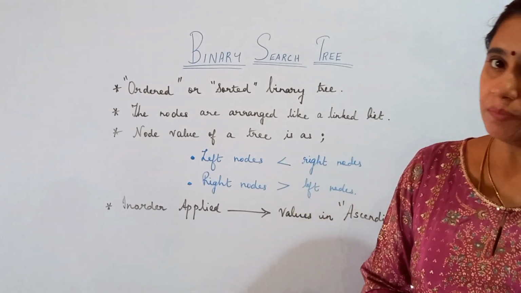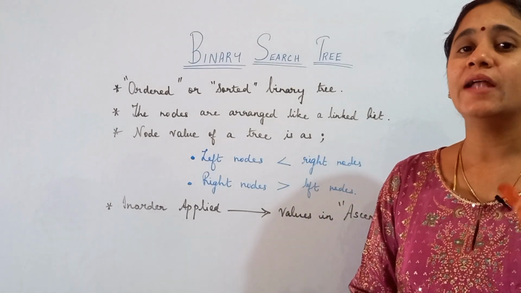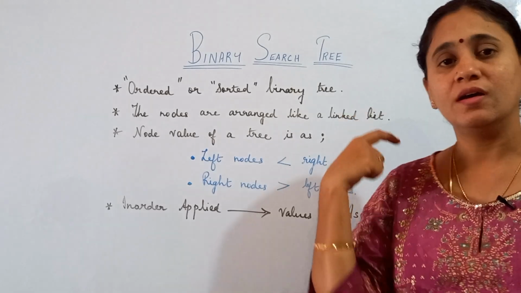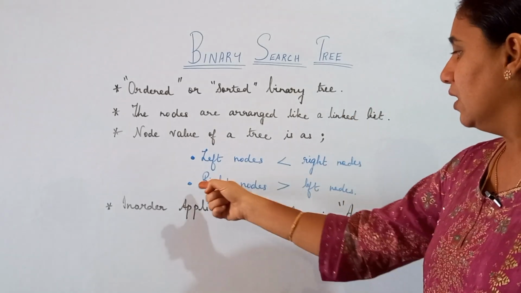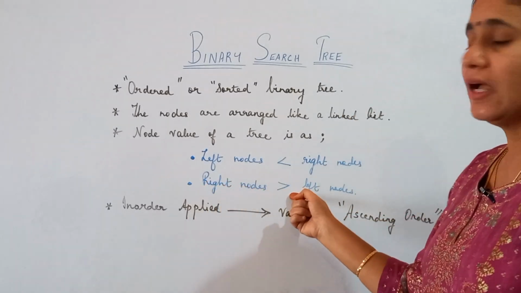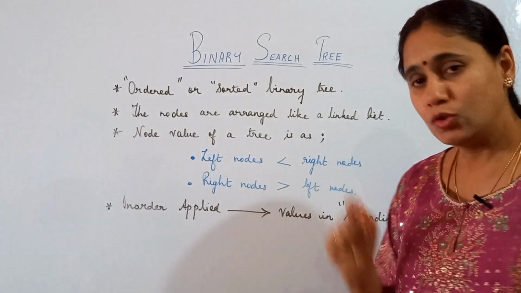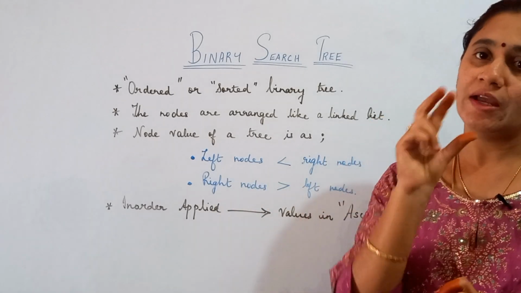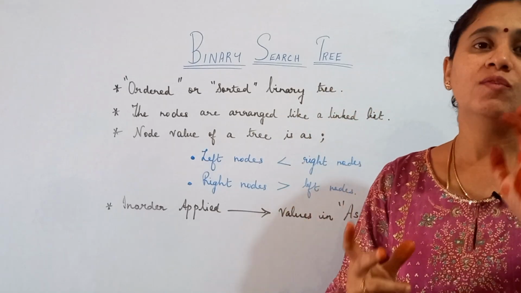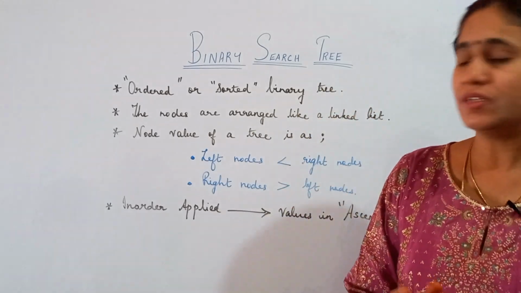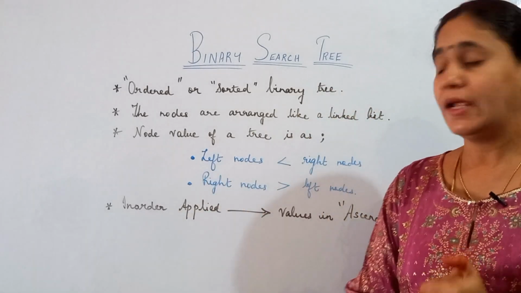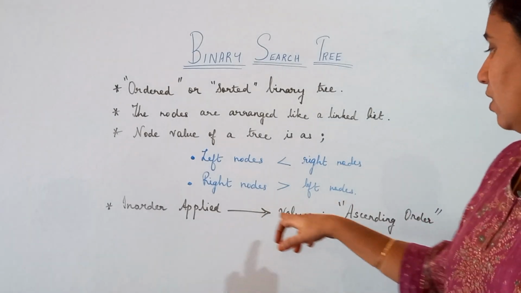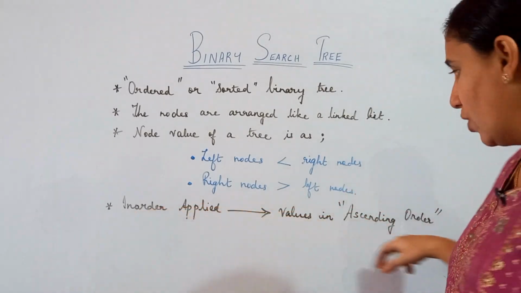That is, the left subtree values will be lesser than the right subtree values. Similarly, right nodes will always be greater than the left nodes. The values that we store in the right nodes will always be greater than those of the left nodes. This is a very important point.